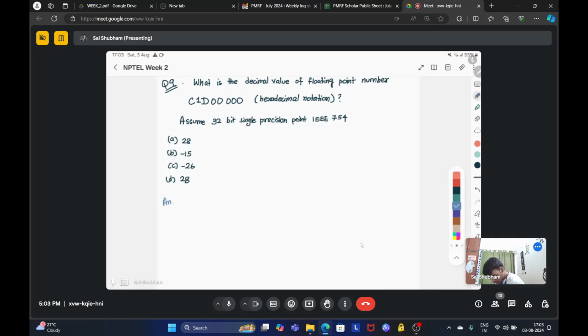So C can be represented as 1. C is basically 12, D is 13.